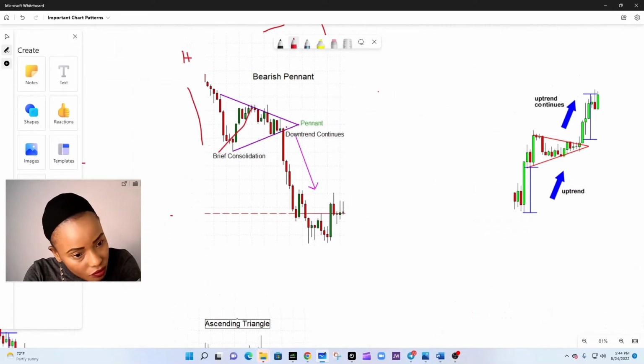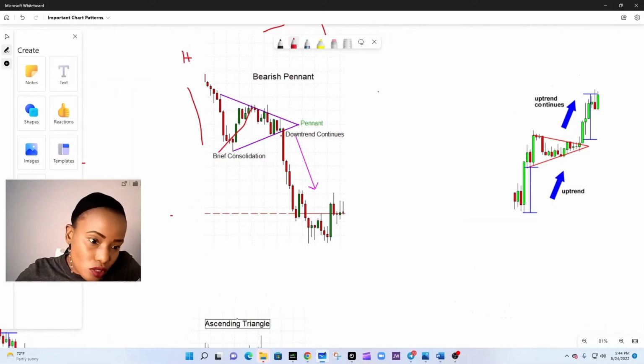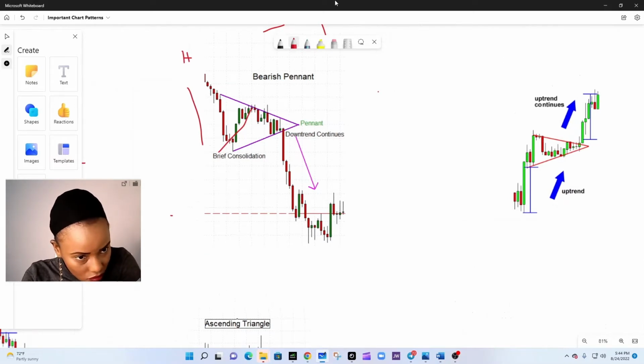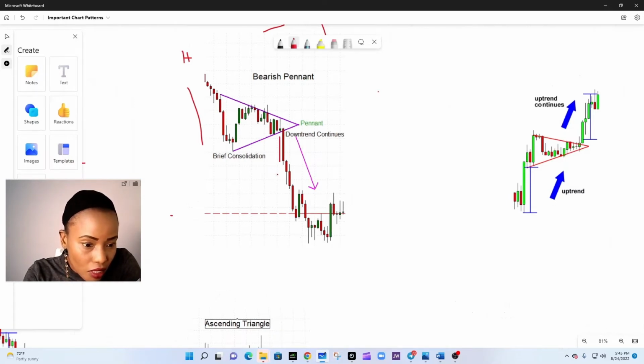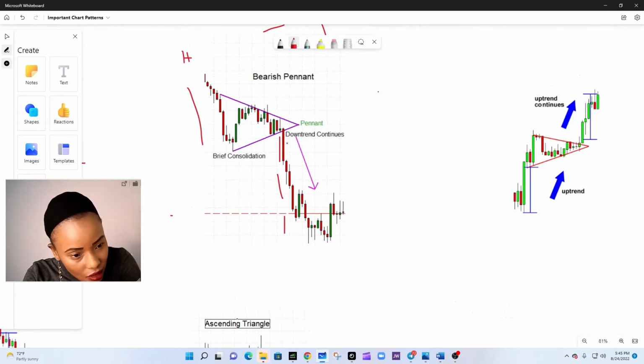What happens after the brief consolidation? Price will definitely break out downwards, and you can see the price has broken out with big impulsive moves, and this price has taken out this low and formed a lower low here.